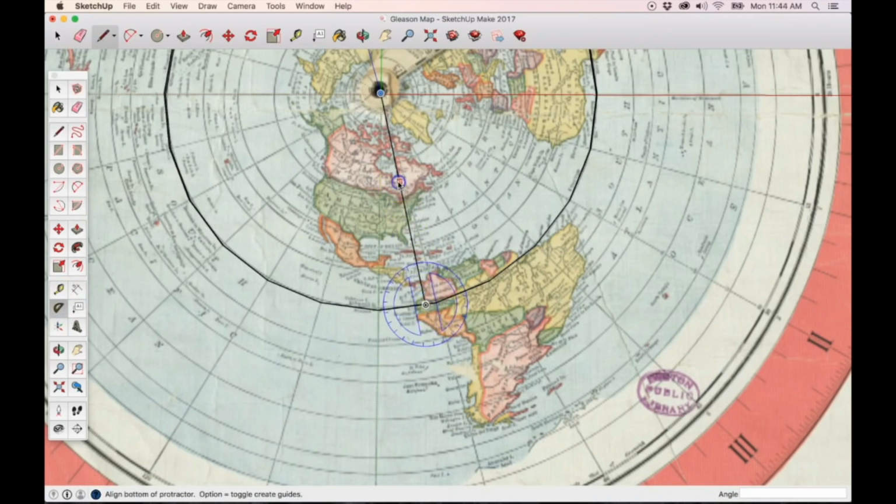Now we snap off of this line, and then I type 90 and hit enter, and that line right there is perpendicular to the one that we made up to the North Pole. So this right here would be 90 degrees east and 270 degrees west.